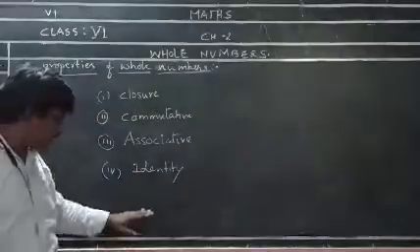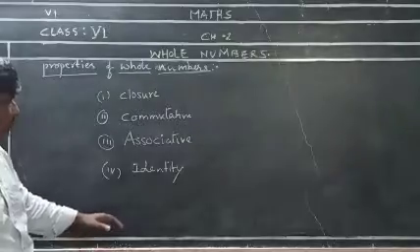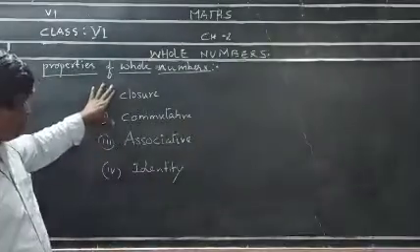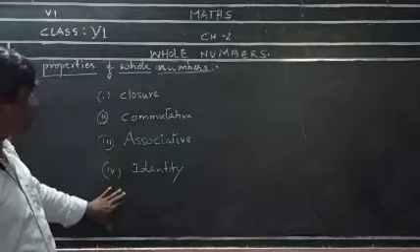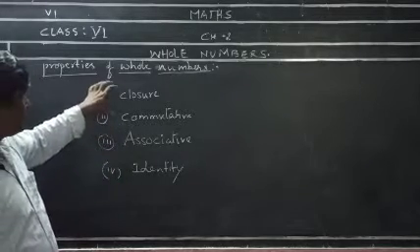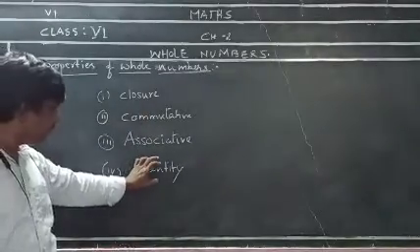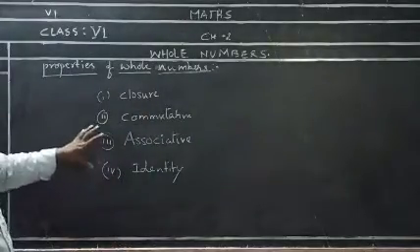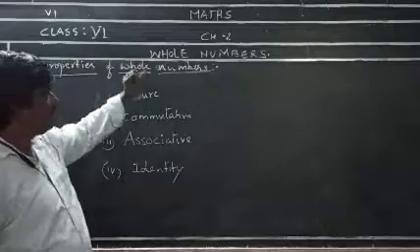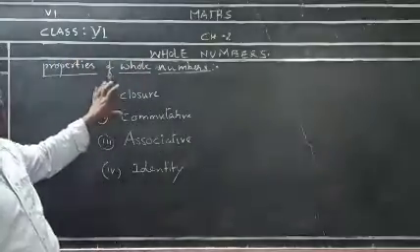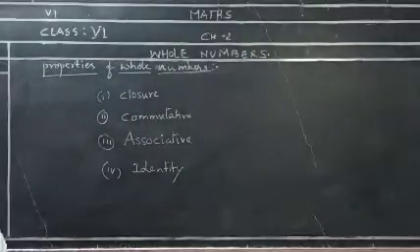Some more are also there: inverse property, distributive property. But let us learn these 4 properties: closure, commutative, associative, and identity. How do the whole numbers satisfy these 4 properties?